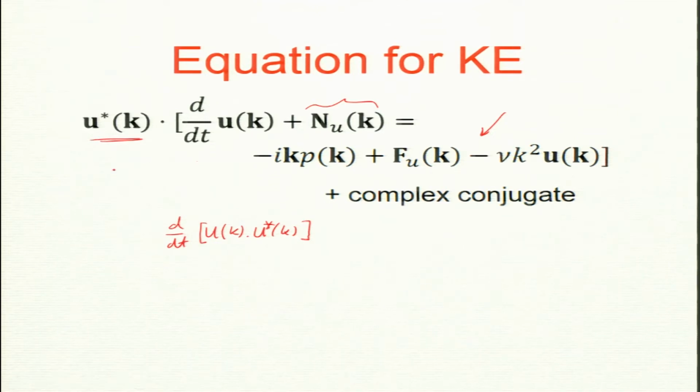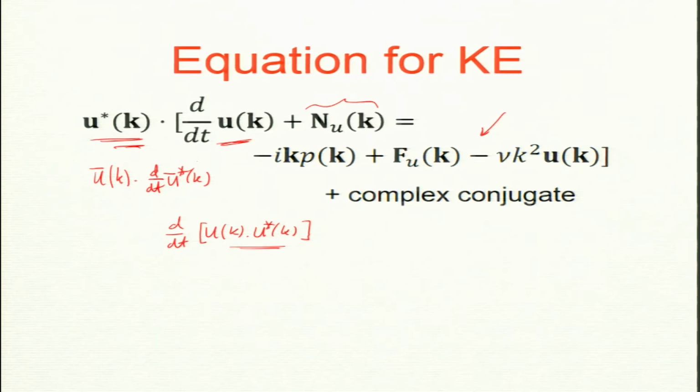Because the complex conjugate gives you u of k dot d by dt of u star of k. By the way, the complex conjugate of a complex conjugate is the function itself. The double conjugate gives you the same function. So, summing it up by the product rule, you will get this.